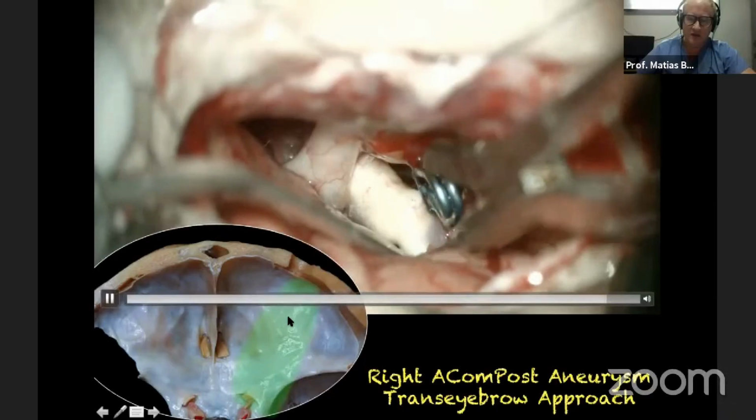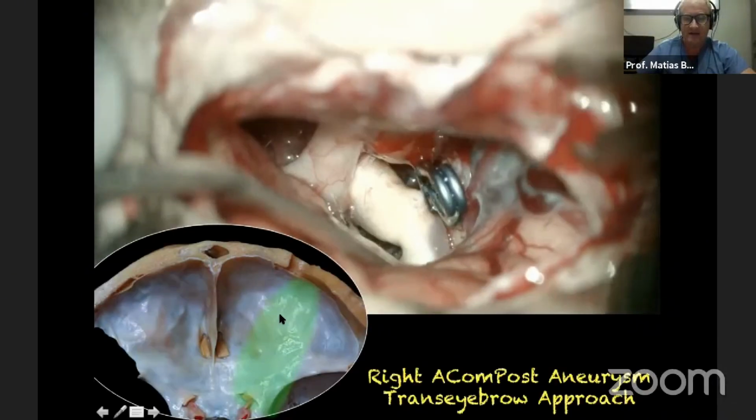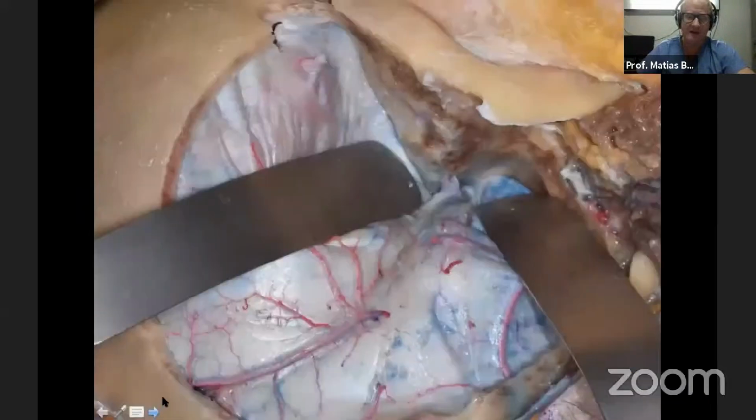If we don't take enough time to remove the mammillary eminences in this small corridor, it is difficult to get a good visual field in our deep surgical corridor.